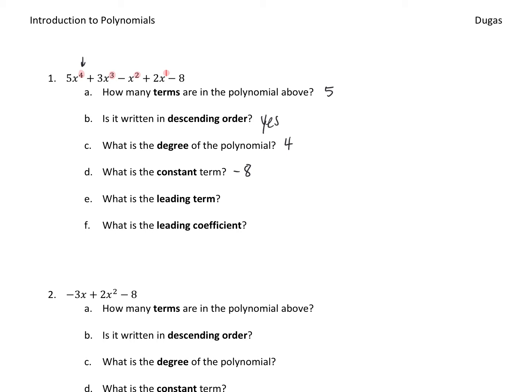What is the leading term? This is important to recognize. The leading term doesn't mean the term in front. It means the term in front if it's in descending order. The leading term means the term with the highest exponent. So this is the term with the highest exponent.